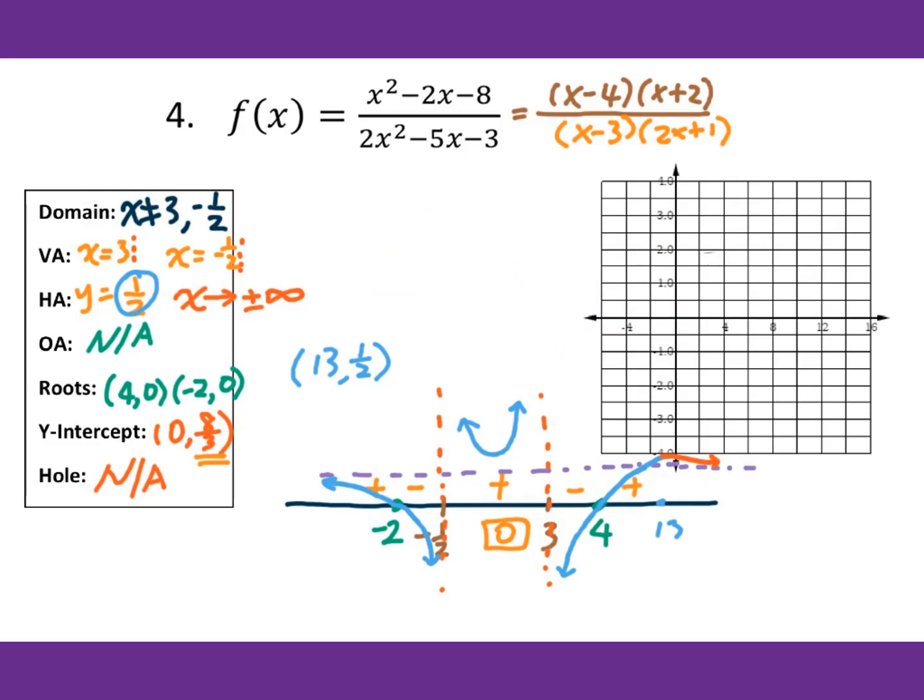Now we will sketch the graph on the graphing paper. x equals 3. This is the one, so x equals negative 1/2.